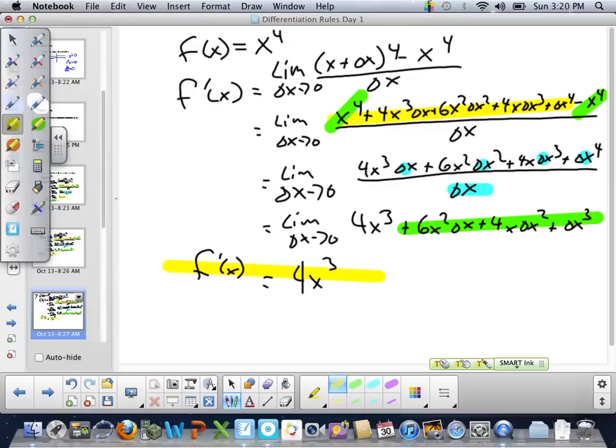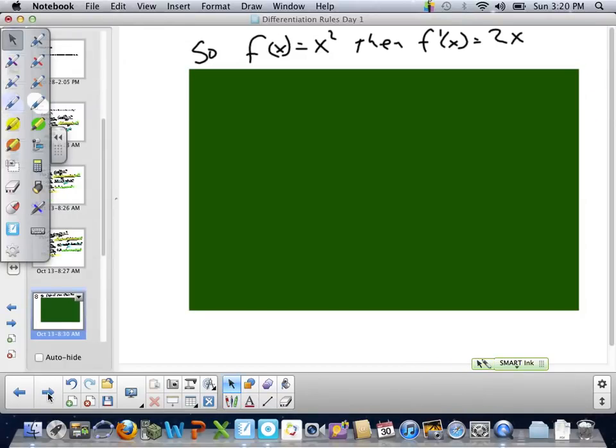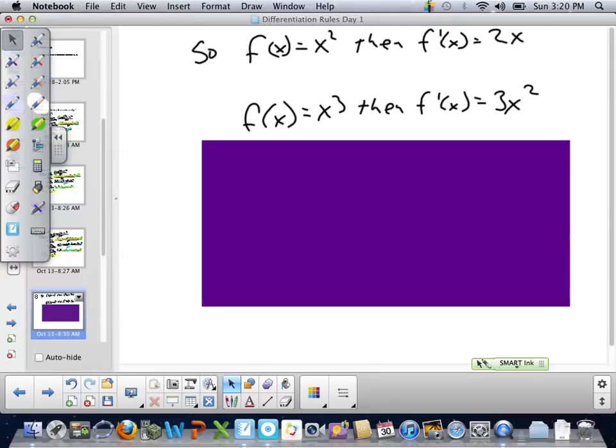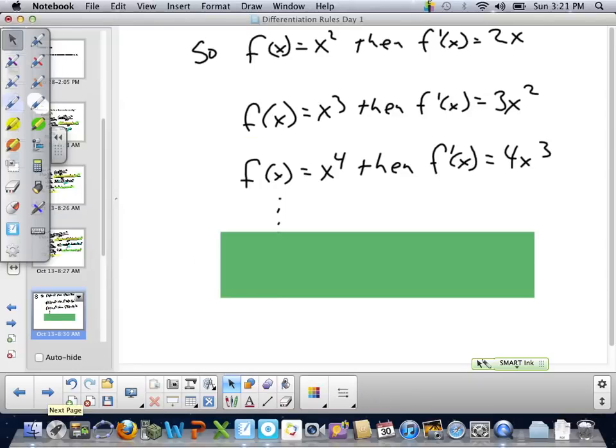So let's look at it all together. If f of x equals x squared, then f prime of x equals 2x. If f of x equals x to the third, then f prime of x equals 3x squared. And if f of x equals x to the fourth, then f prime of x equals 4x to the third.